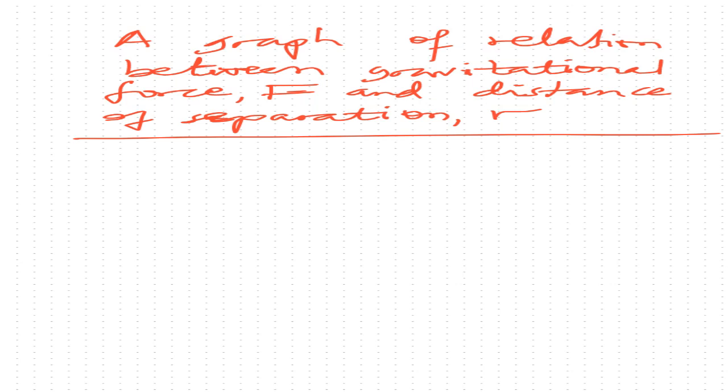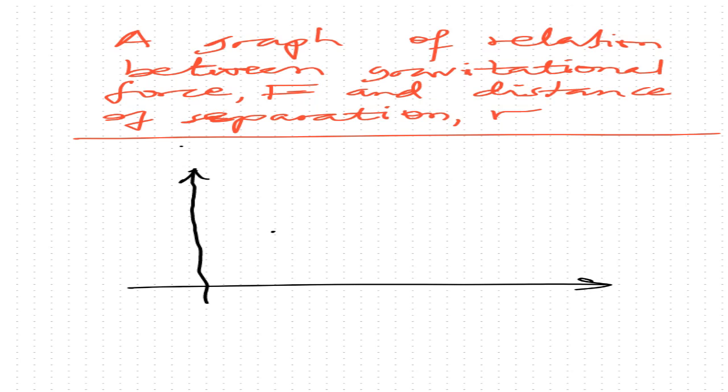How do you represent this? This is represented by this. This is F. This is R. This is the relation.